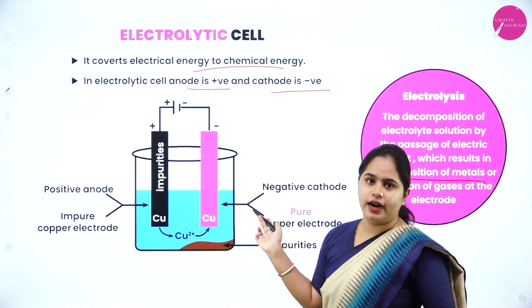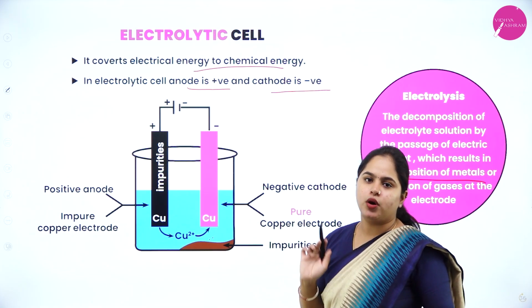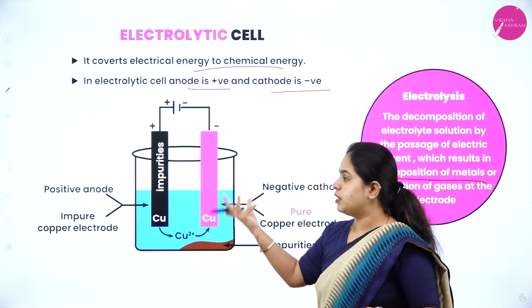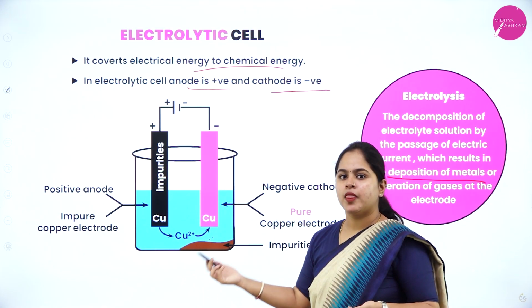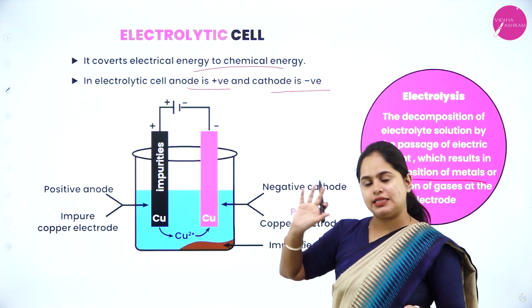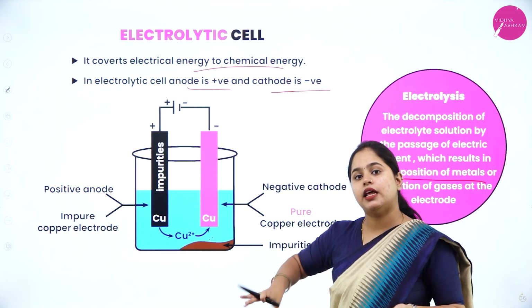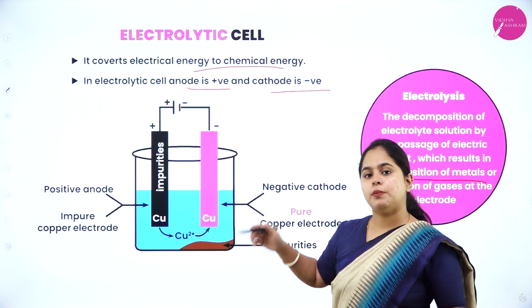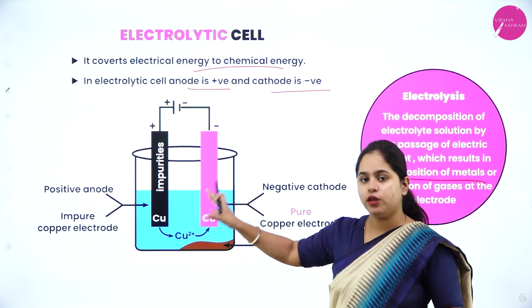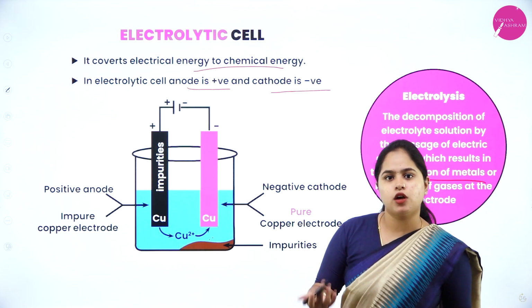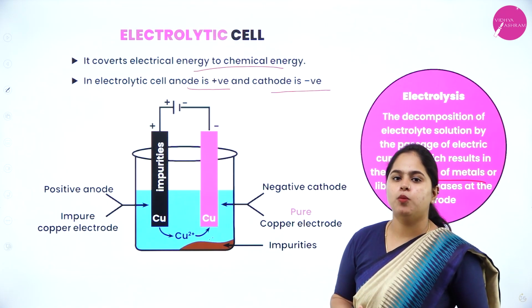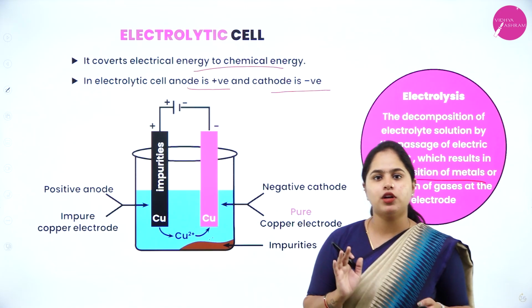At the cathode, reduction takes place. Both are present in the same cell, and if I take copper as the electrode, then my electrolyte solution should also contain copper. So if I am taking copper as the electrode, my electrolyte solution must be copper sulfate. So this is the basics about the electrolytic cell.